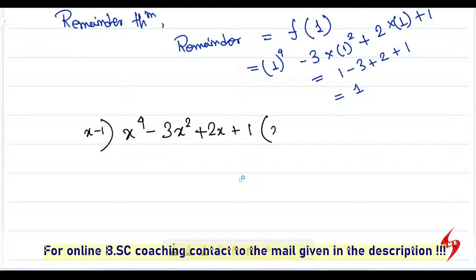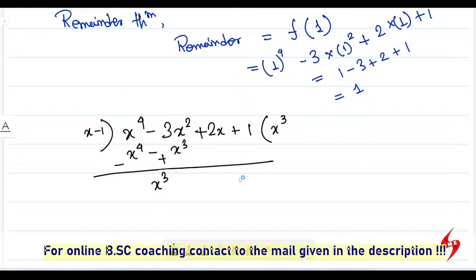At first I am applying x cube, that will be x to the power 4 minus x cube, so there is no x cube term, so remainder will be x cube minus 3x square.